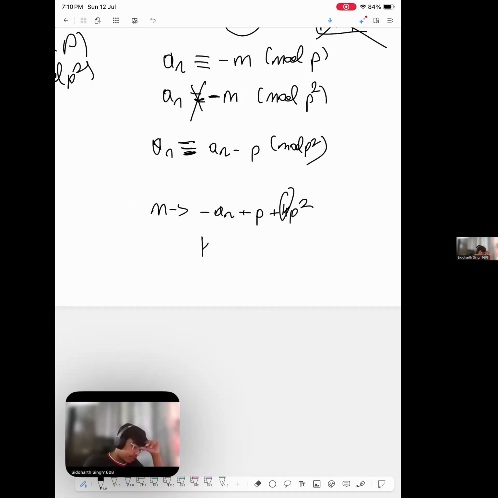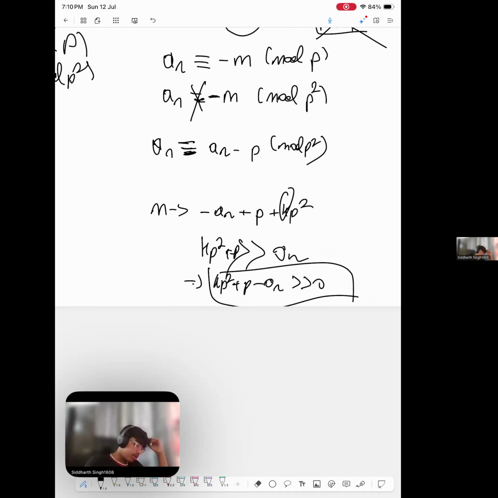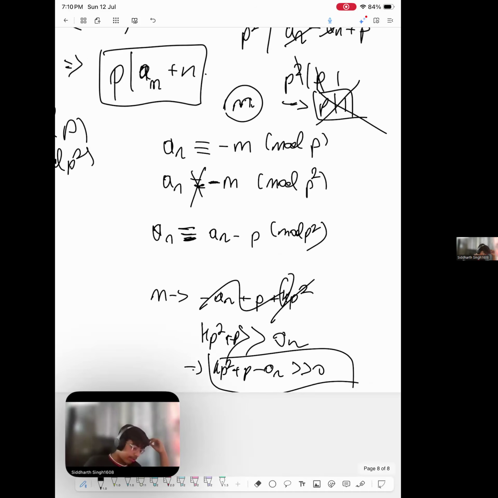K is very large, so kp square is greater than an, which implies kp square plus p minus an is a very large number. So this is valid. And you can just notice again that p square divides this thing, but p square does not divide this thing, and so on.